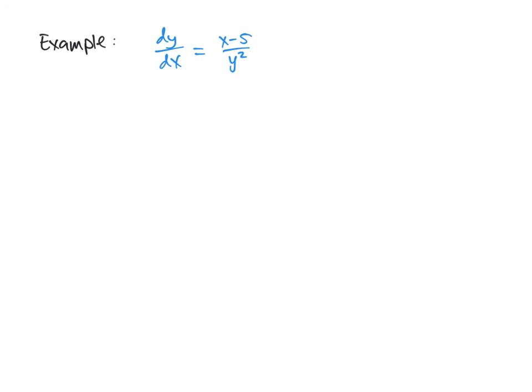So here's our example problem: dy/dx equals (x minus 5) over y squared. And I'm going to point out here that this is non-linear. It's non-linear because it's got some crazy things happening in the y's. We don't have just straight y's or multiples of y times things.